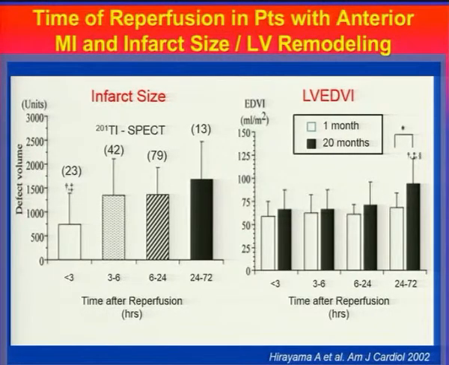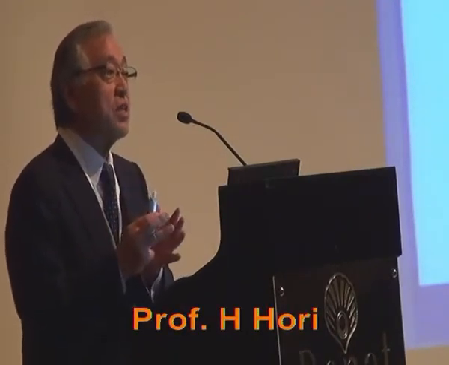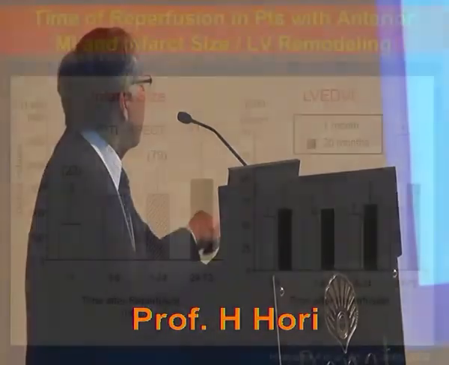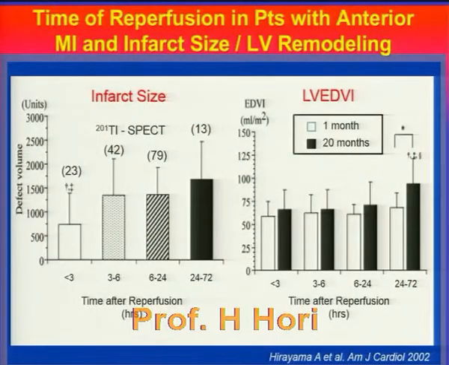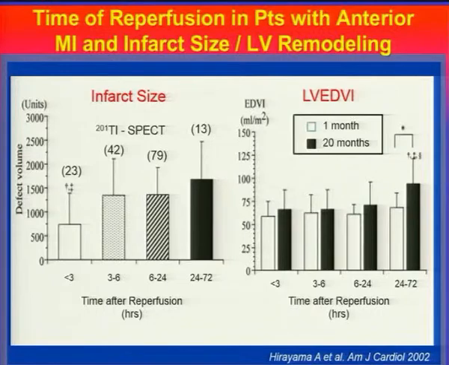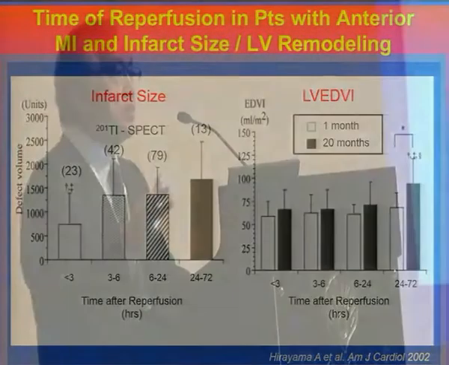That means the critical time to reduce the infarct size and to reduce the LV remodeling is different. So we have to consider that even late reperfusion is very important to reduce the LV remodeling of the heart. So the 24 hours after the onset of the infarction is a very critical time.